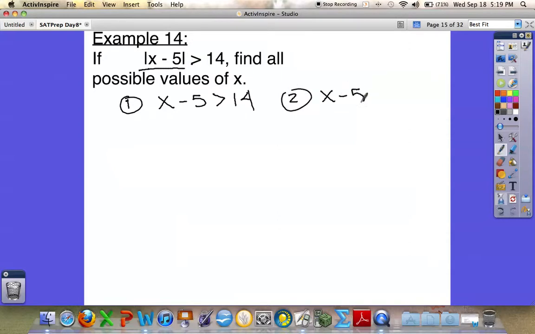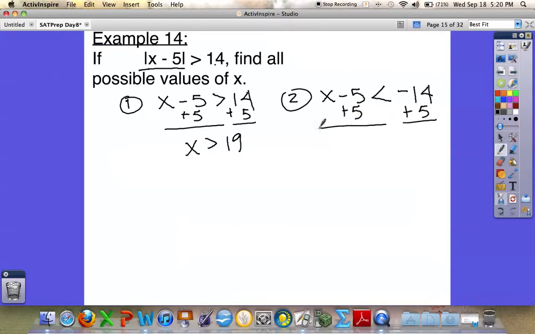You do an x minus 5, change the direction of the inequality, and then change the sign on the right of the inequality. So now when I solve this, I'm going to add 5, and I'm going to get x is greater than 19. And when I solve this, I add 5, but I get x is less than negative 9.